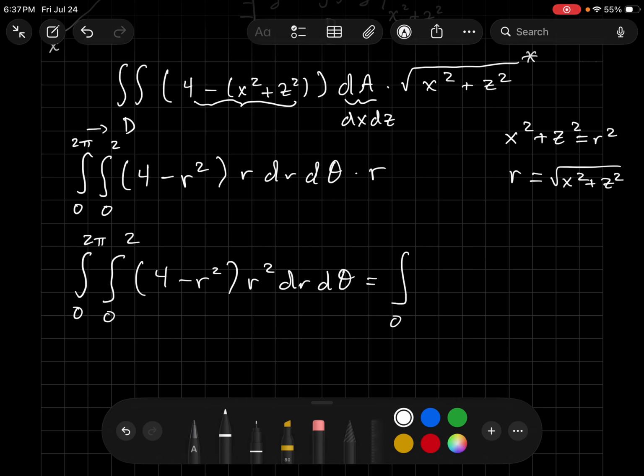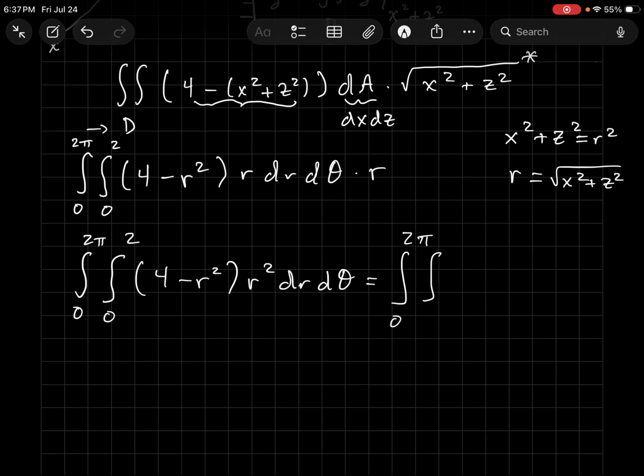And let's write this out before we actually integrate. We will have 4r squared minus r to the fourth dr d theta. Now, I know I'm going to integrate d theta from 0 to 2 pi, so that's already going to be 2 pi. We've done that a bunch of times, or something similar.